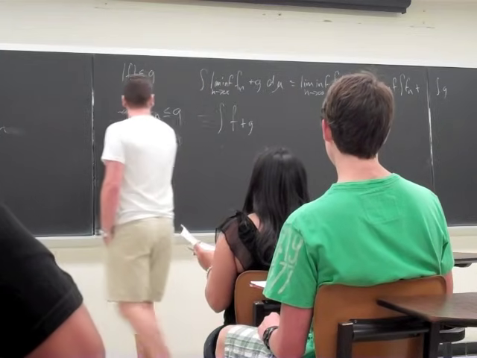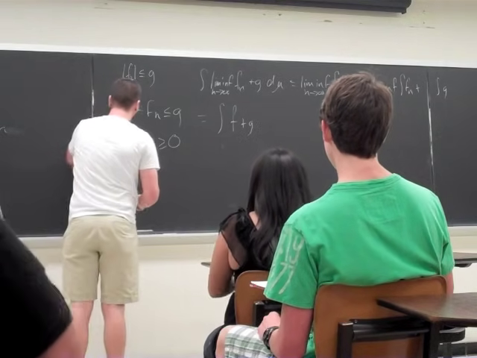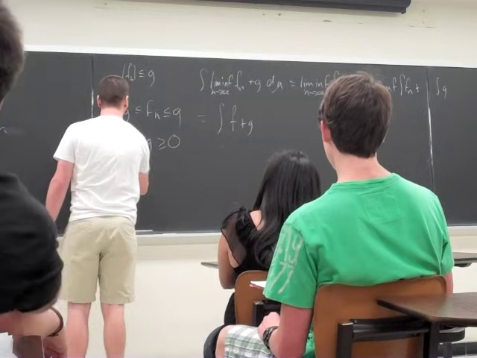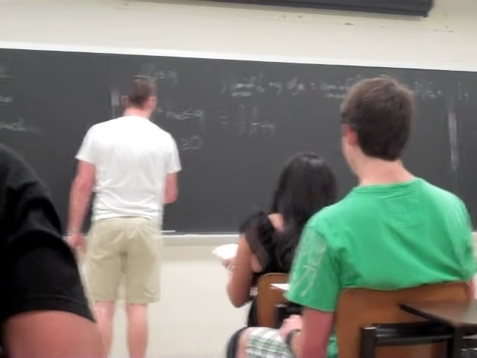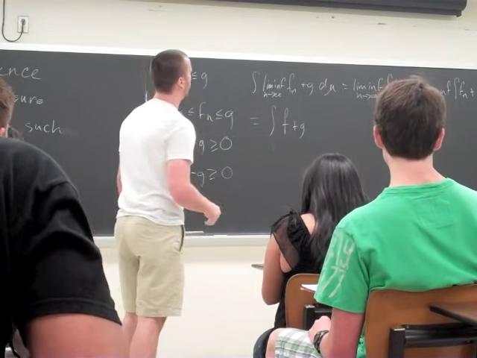The other step is to also notice that from this inequality, we get that G minus Fn is also greater than or equal to 0, and then use a negative to handle the lim sup.